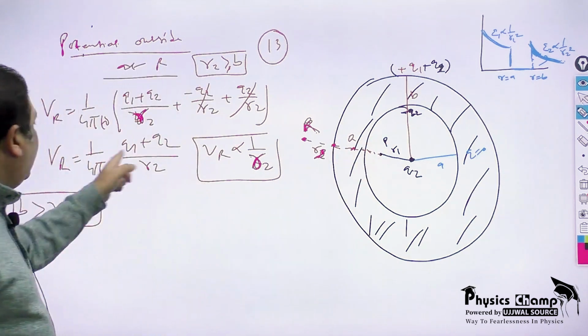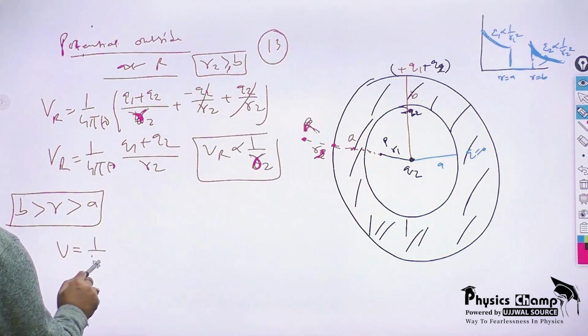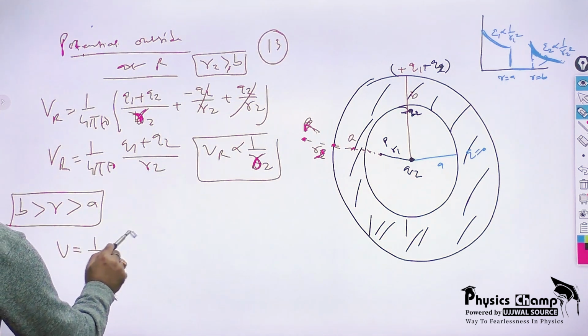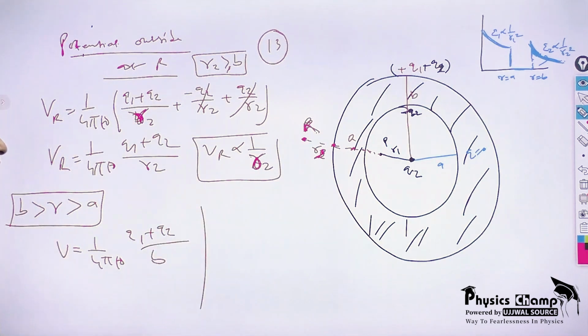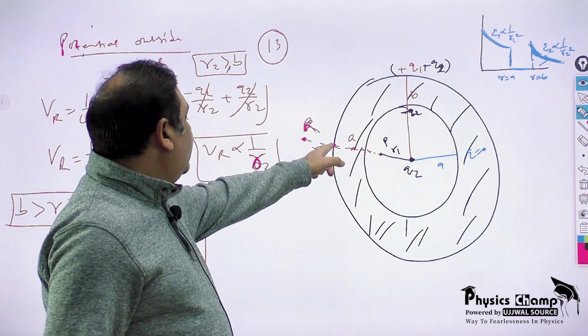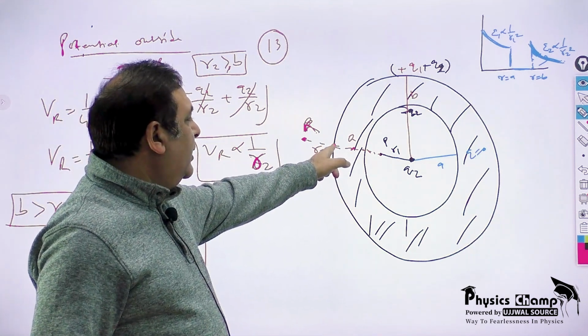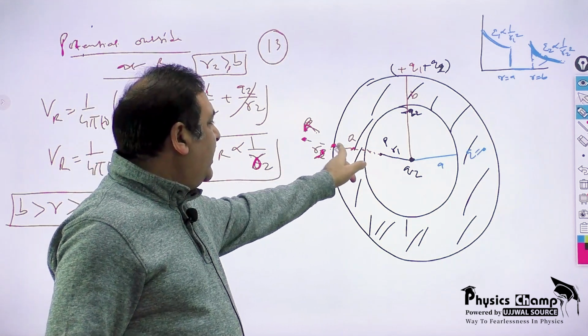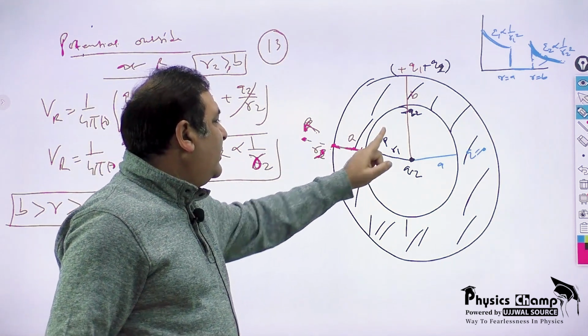So it will have the same value, 1 by 4 pi epsilon naught Q1 plus Q2 by B. In place of R2, it will be Q1 plus Q2 by B. The same will carry everywhere in.